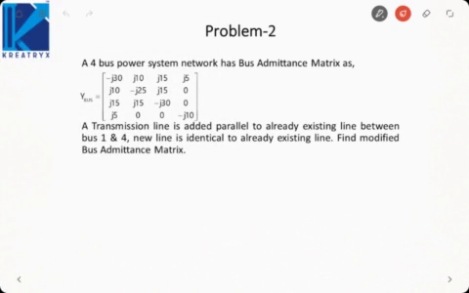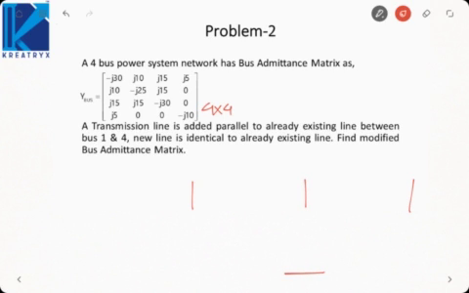In our next problem, it says a 4-bus power system has the following bus admittance matrix. So I have initially been given a 4 cross 4 matrix, that is the bus admittance matrix of a 4-bus power system. Now a transmission line is connected in parallel to an already existing line between bus 1 and 4. Suppose this is bus 1, bus 2, bus 3, bus 4.